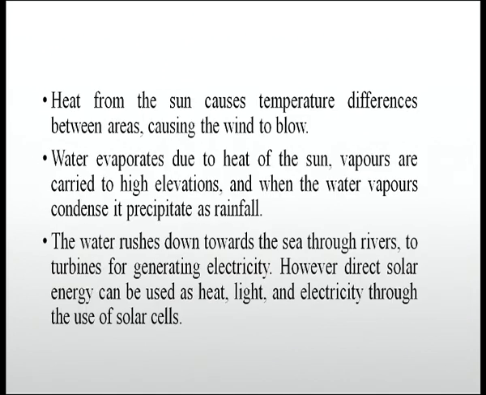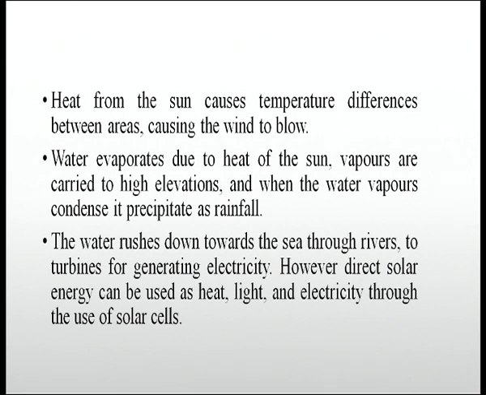Heat from the sun causes temperature differences between areas, causing the wind to blow. Water evaporates due to the heat of the sun. Vapors are carried to high elevations, and when the water vapors condense, they precipitate as rainfall. The water rushes down towards the sea through rivers to turbines for generating electricity.